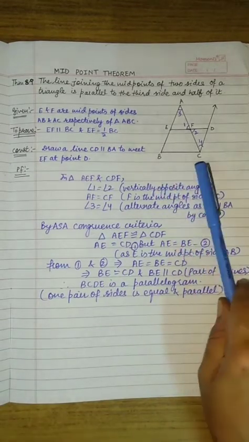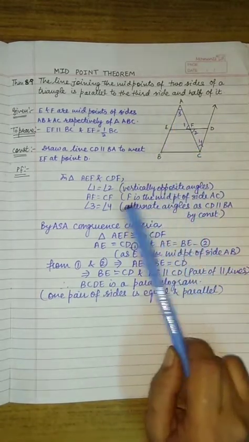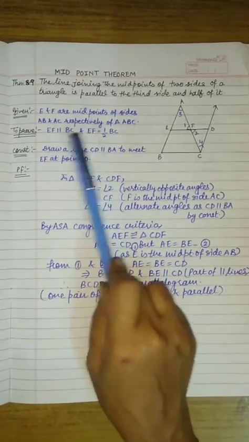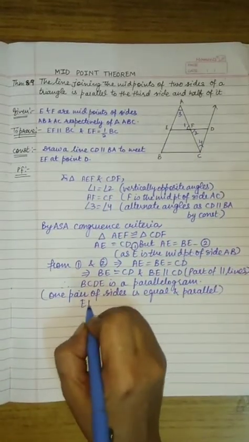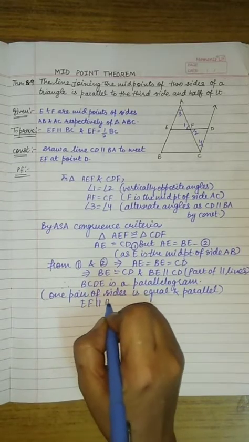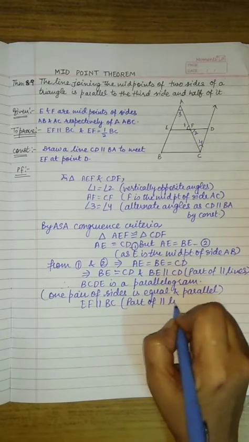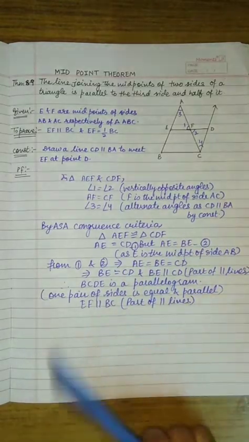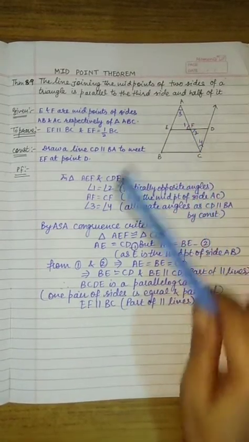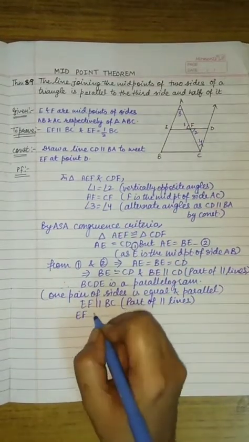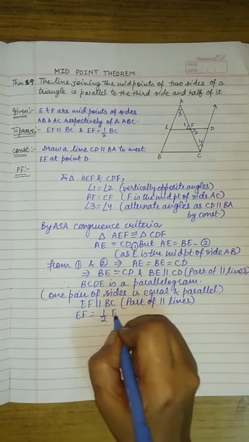So if BCDE is a parallelogram, then EF is parallel to BC, part of parallel lines. Now we need to prove that EF is half of BC. So you can say EF is half of ED.